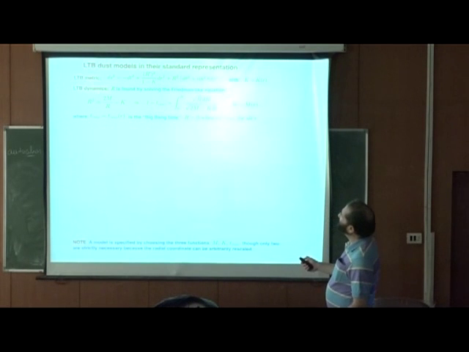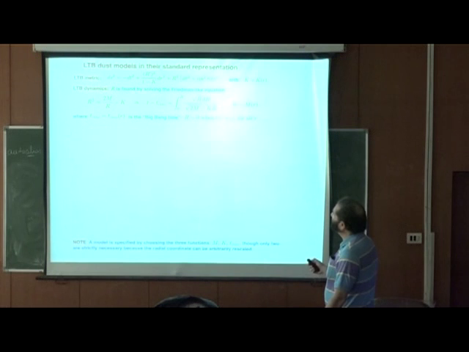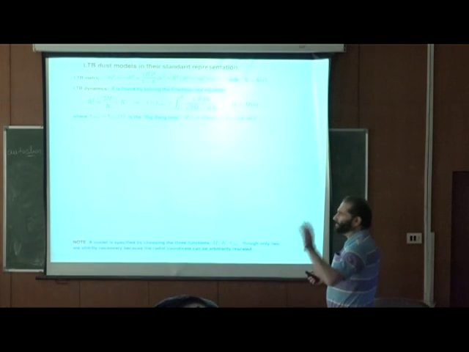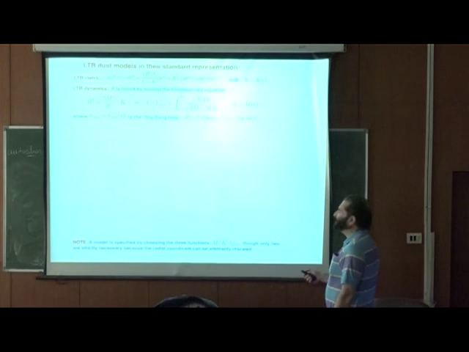Now, the dynamics: the function big R, which is the only time-dependent function, is found by solving the Friedmann equation. For the moment, I'm going to assume the cosmological constant is 0. So we have to solve this equation.